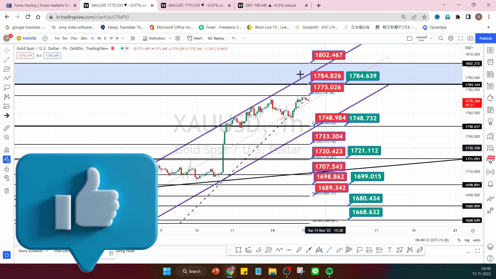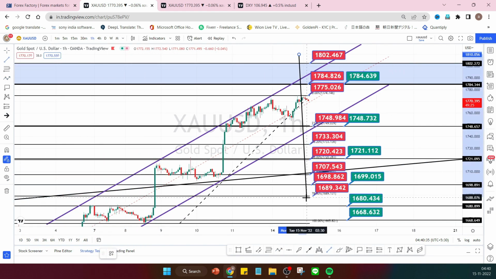And only the values within this red color boxes are the resistance and support levels for current price action in hourly time frame. Yesterday also we have noticed a price action to consolidate within this resistance level of 1775 and support level of 1748.